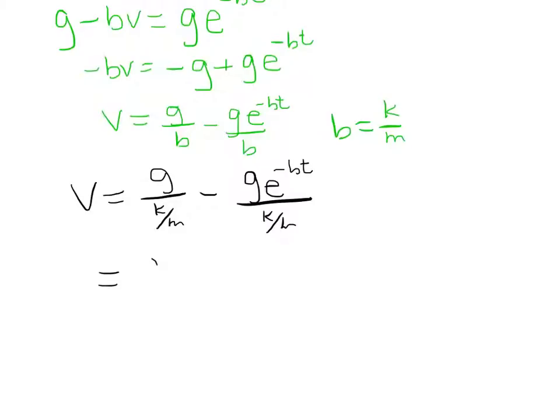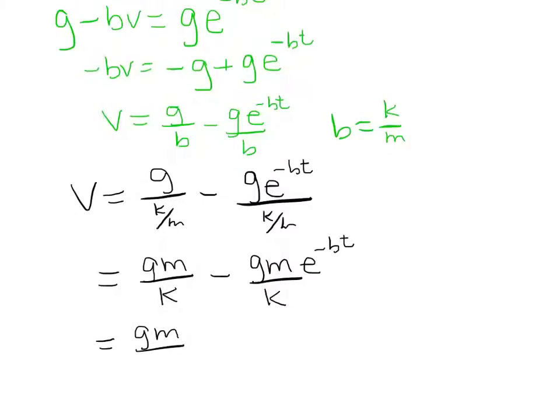So this gives me gm divided by k minus gm divided by k, all multiplied by e to the negative bt. If I factor out the gravitational constant times the mass divided by the constant of proportionality, I end up with gm divided by k times 1 minus e to the negative bt.